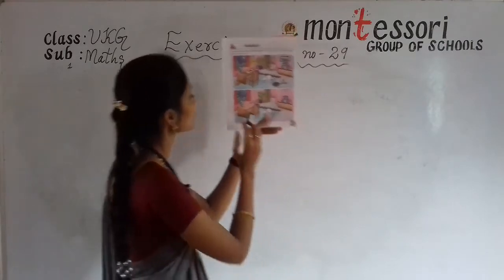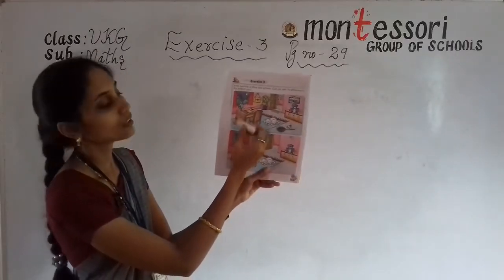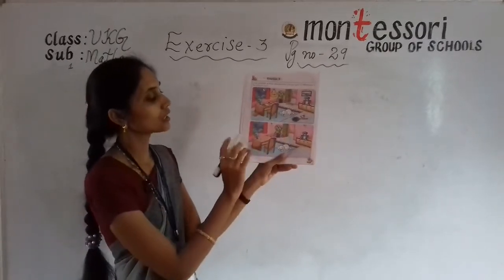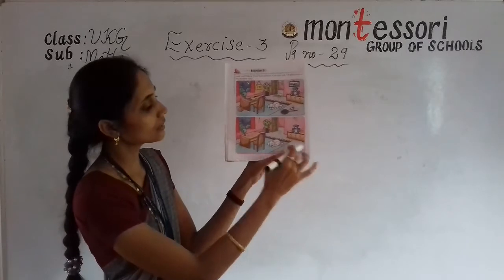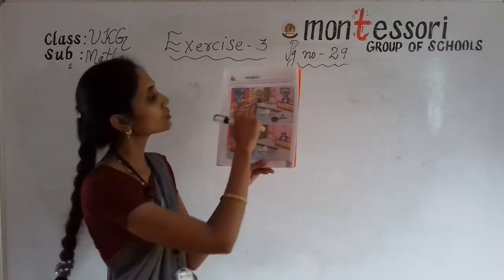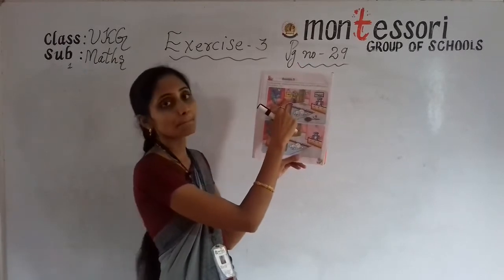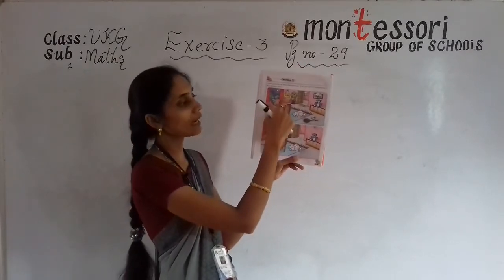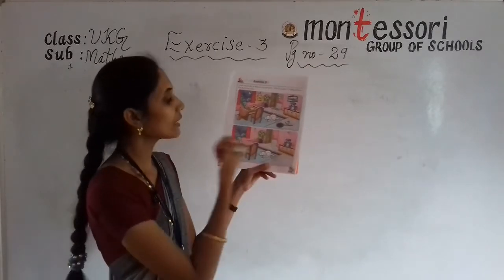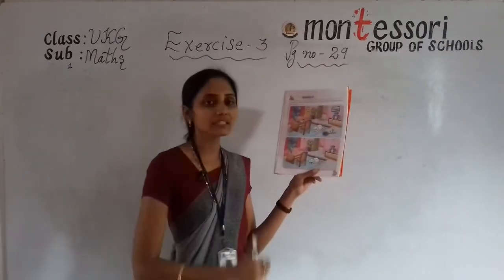See here. Look at the moon. The moon is visible in the first picture, but can you see the moon in the second picture? No. So next, bag. Can you see the bag in the second picture? No. Likewise, many things are missing.